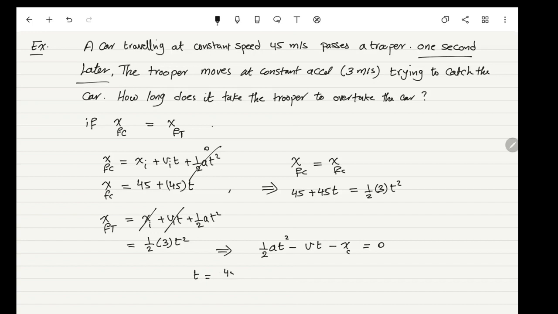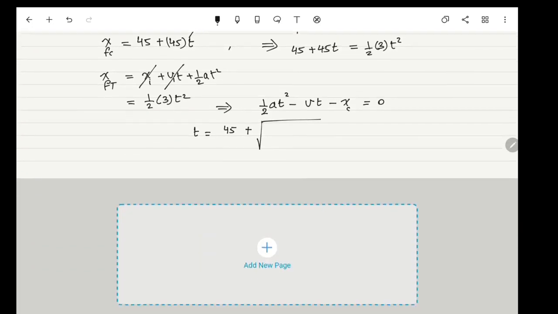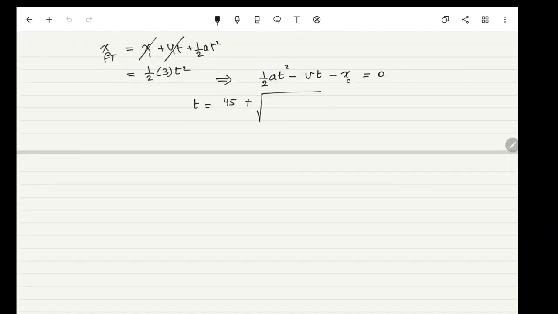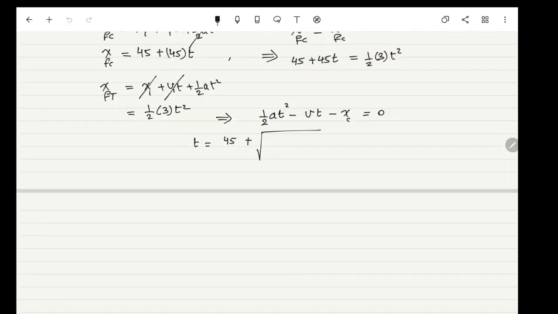45 plus the square root of (45 squared plus 2 times 45 divided by 3), all divided by 3 in this case.